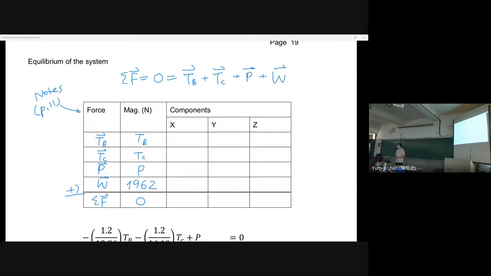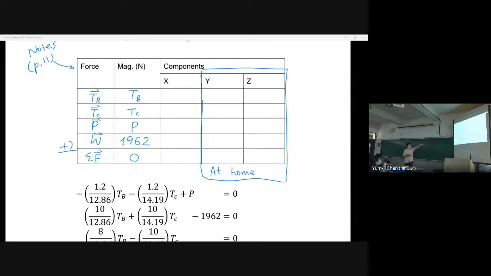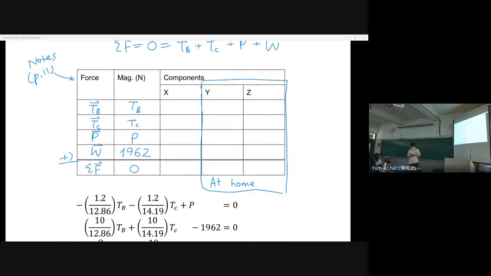Now, after this step, we are just filling this table, and I will leave this for you to do at home. Of course, the answers are listed below. Now, here in the x direction, on the TB we have negative 1.2 over 12.86 TB.